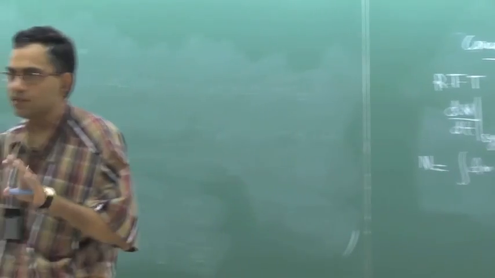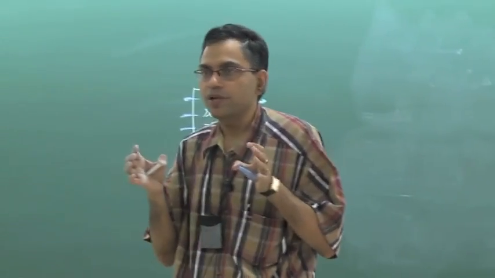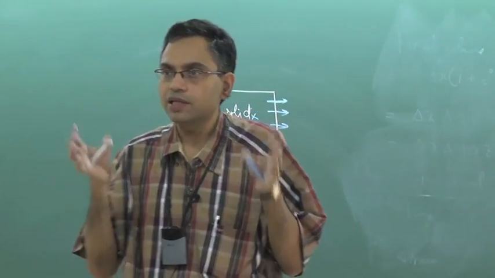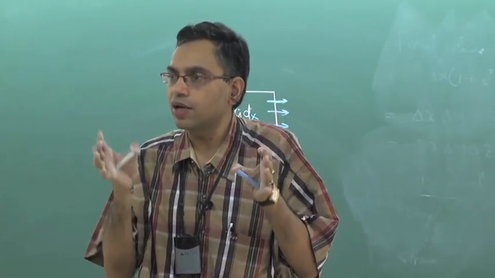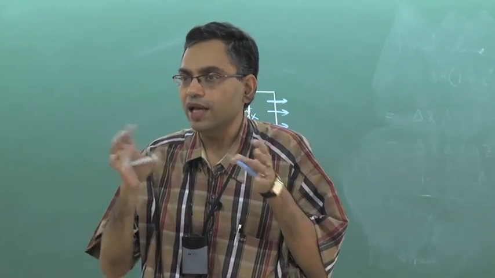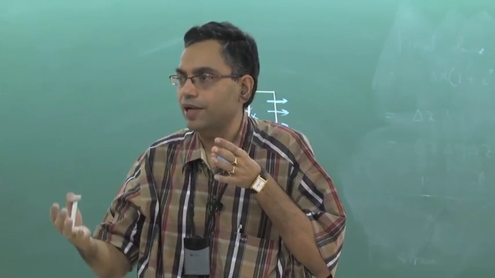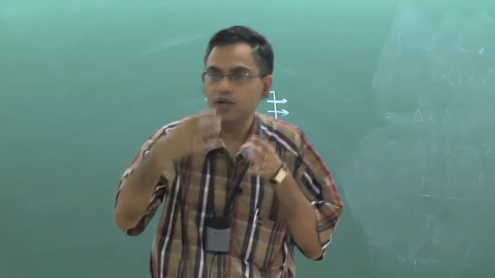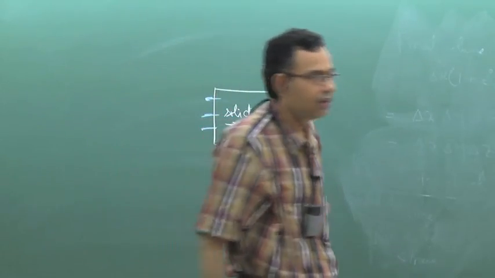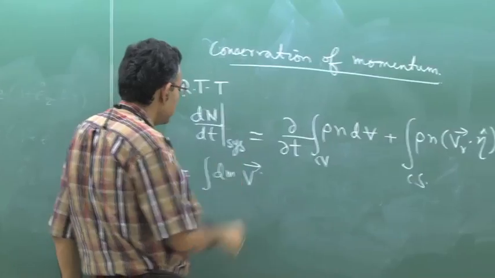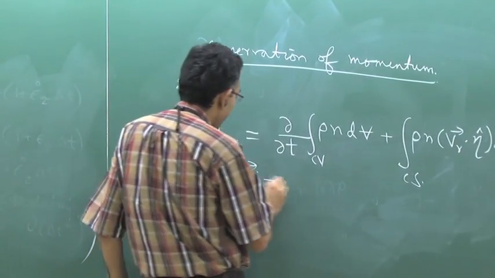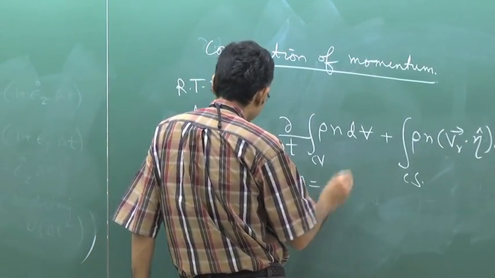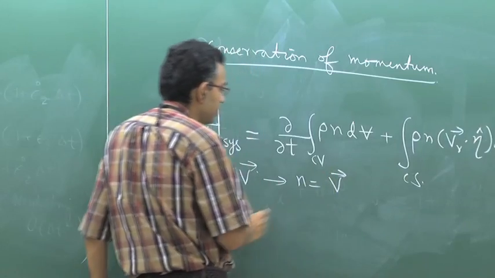There are many things which we do not write very rigorously, still it is okay if we mean the same thing and go ahead with the conceptual understanding. So this means that small n is v.